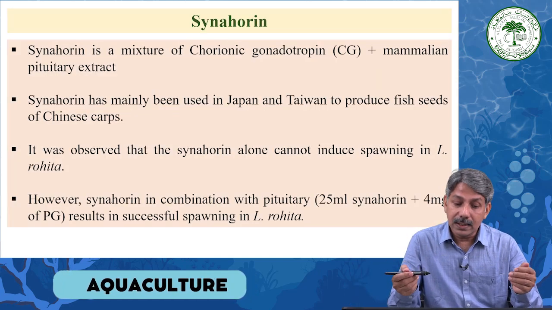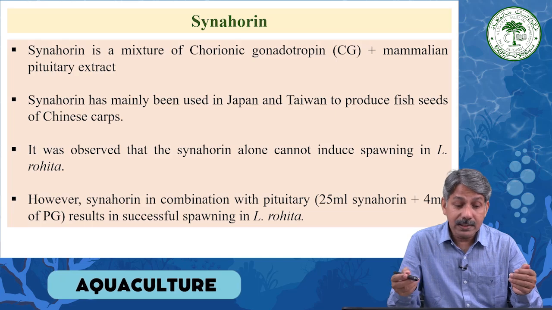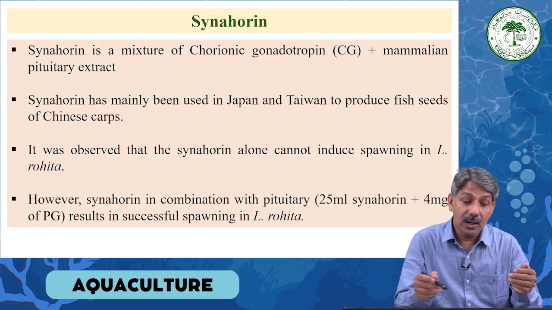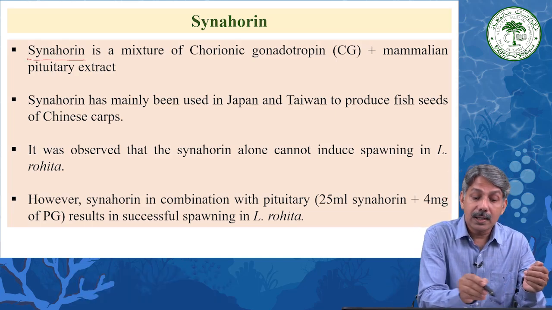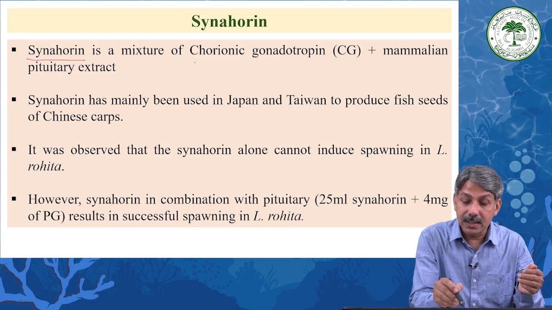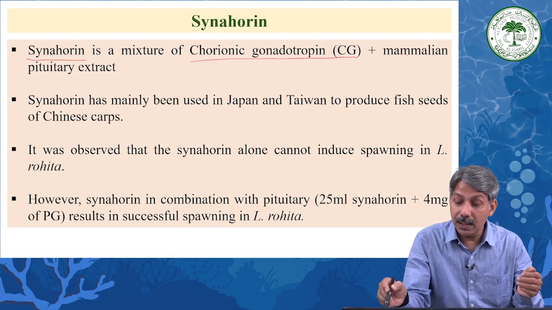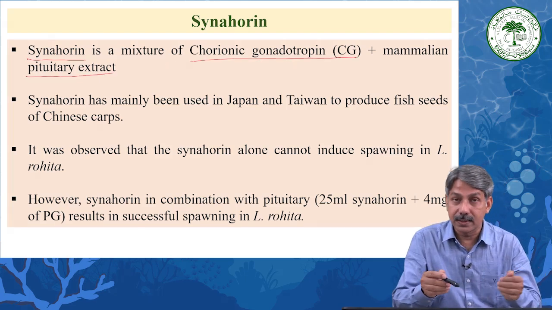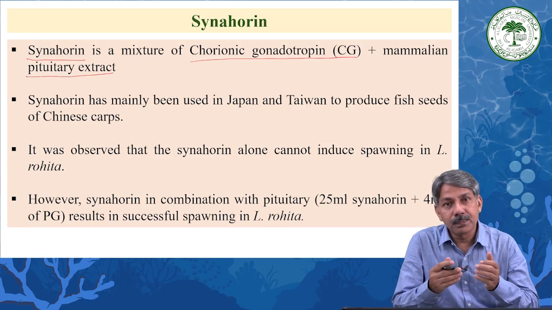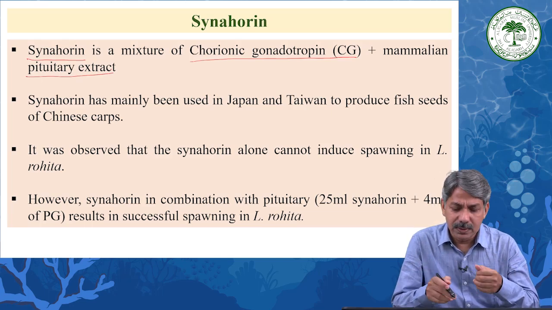Cyanohorin is another example of an inducing agent that has been used. What is cyanohorin? Cyanohorin is a mixture of chorionic gonadotropin and mammalian pituitary extract, and it is also prepared synthetically.